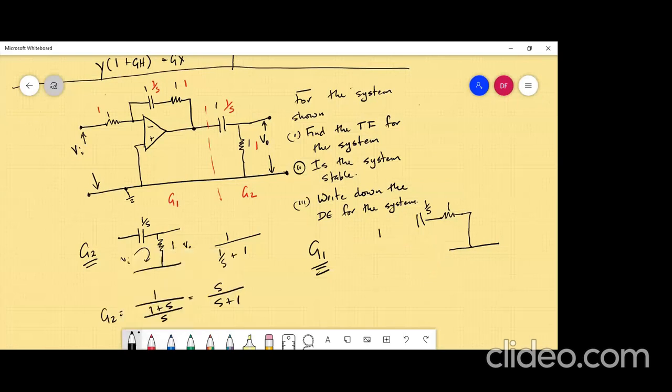So this would be my Z2, and this will be my Z1. And we know that this is minus Z2 over Z1. So Z2 is going to be 1 over S plus 1 over 1.